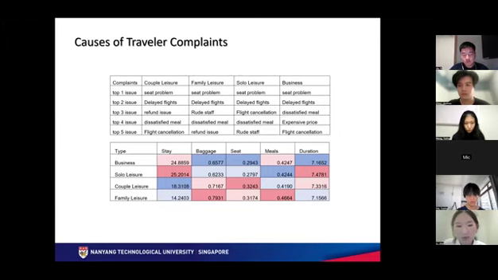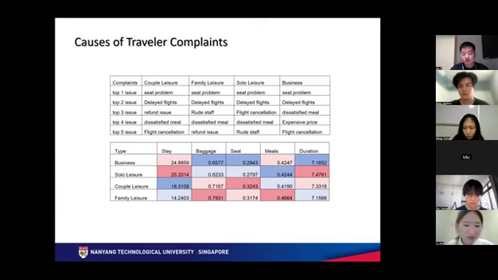Moreover, preferred seating and extra baggage services often require additional payments. In cases of cancellation or delay, the refund process for these extra service fees can be complex, which might explain why couple travelers frequently complain about refund issues.